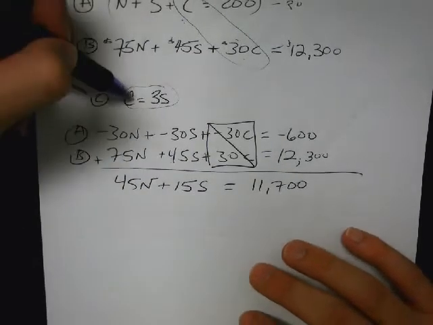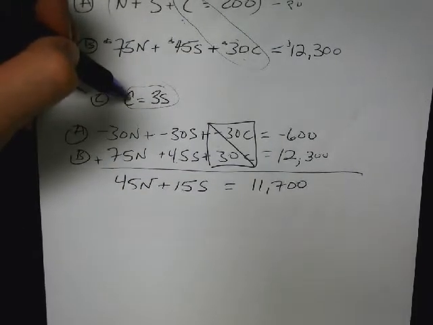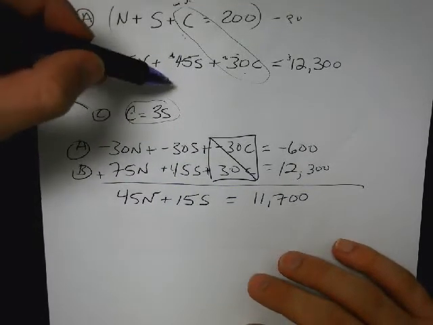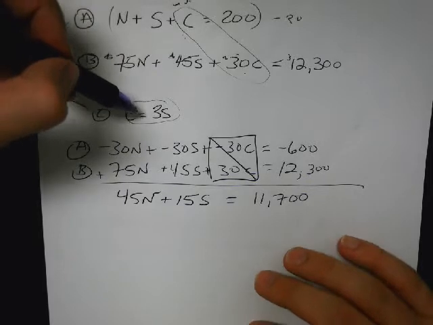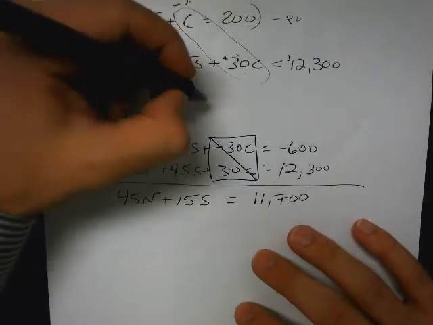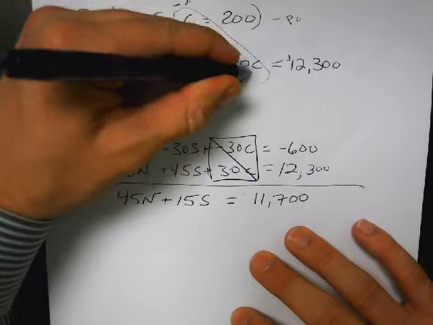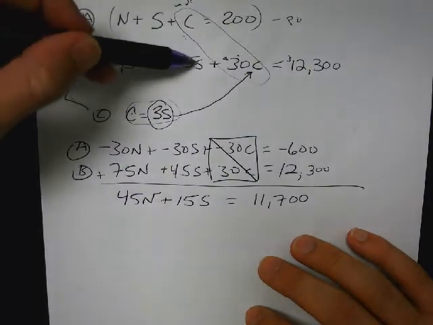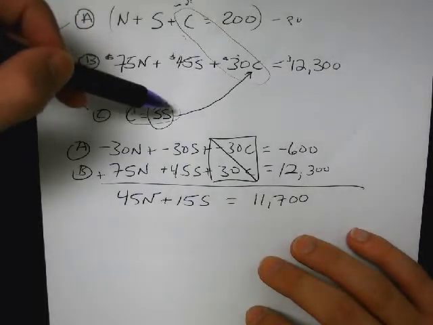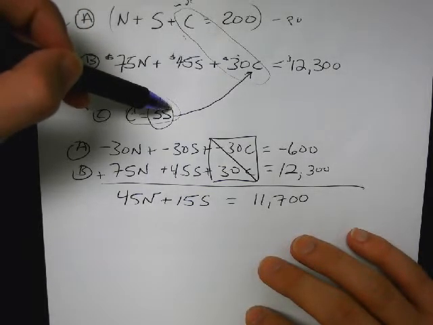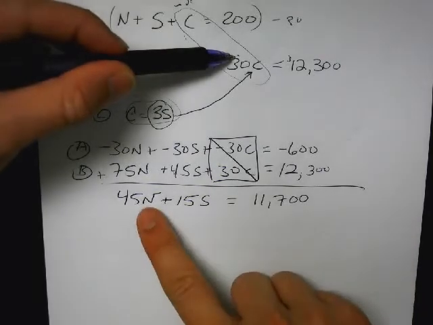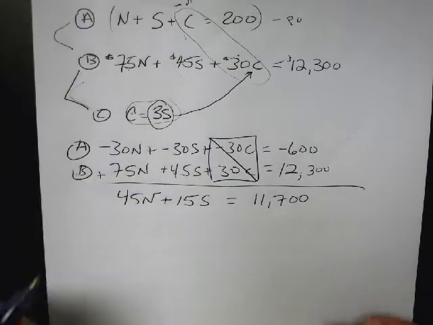We know that C equals 3s, so that's what I'm going to do. Instead of multiplying this, I can actually just say, okay, if C equals 3s, I'm going to take this 3s and substitute it in for C. When I do that, I will only have N and S, right? Because this C over here will also be an S. So I'll have N, S, S as my variables, and that's what I have over here, N and S. That's all I need to do.